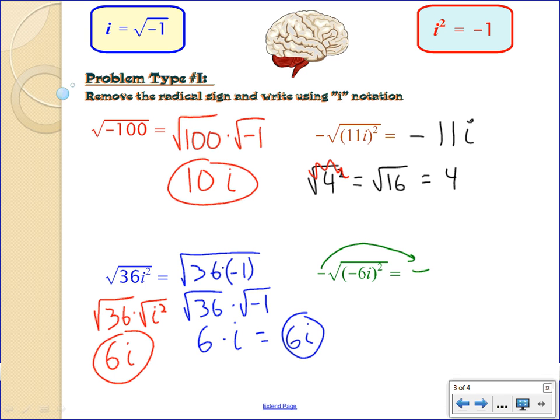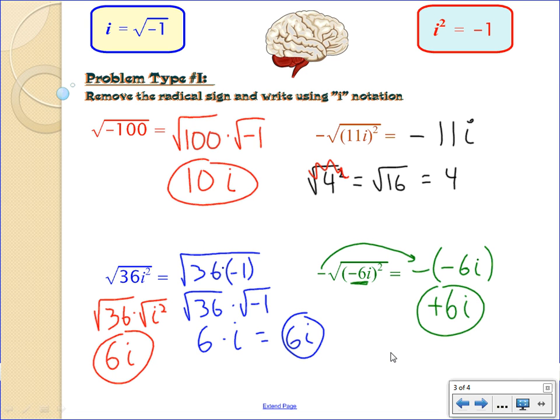And then this value inside the square root here is going to be negative 6i. And I can multiply those two together. Negative times negative 6i, negative times a negative is positive, so this is going to be positive 6i. And that ends up being my answer, which is the same as what I got for the last problem. So again, the negative in front stayed in front. Negative 6i was squared and square rooted, which meant all that came out is negative 6i. And then I can combine these two negatives to make it positive. And that's our answer for that page.